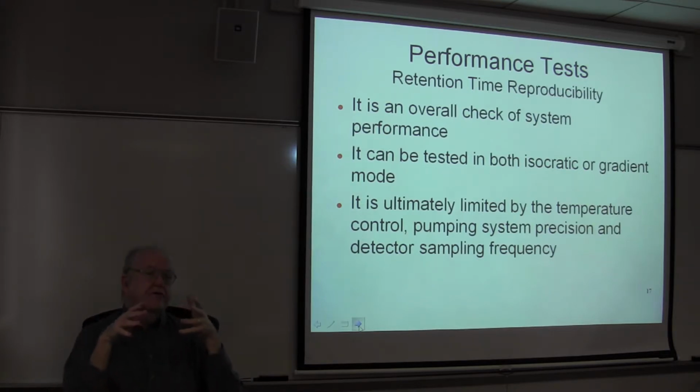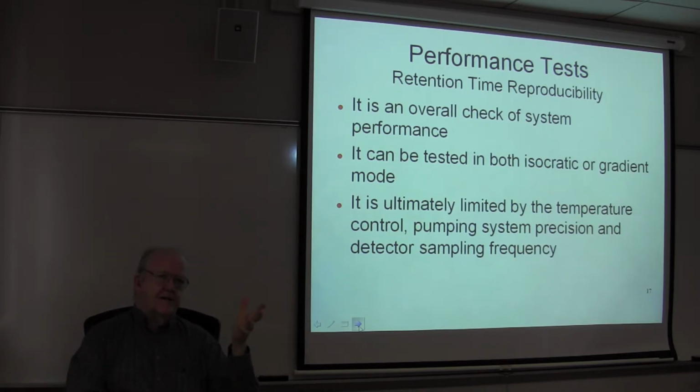One of the most important tests you can do is check the reproducibility of the retention time. It really tests the whole system, especially in gradient elution. The reproducibility of the gradient time is a test of everything.